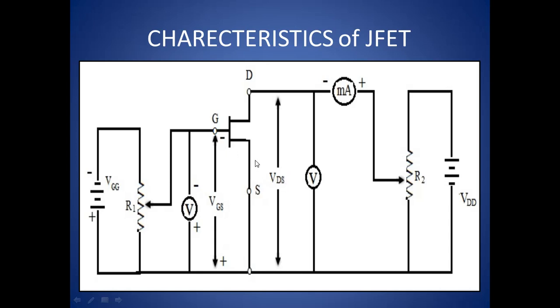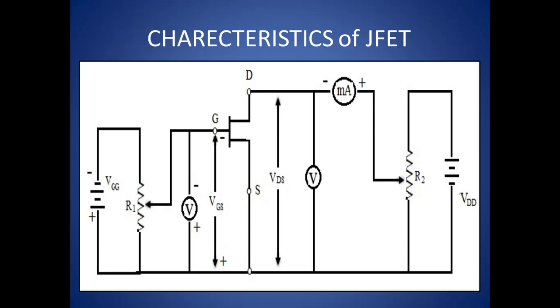This is the simple circuit used to find out the output characteristics of the JFET. Here we have the JFET. The gate is biased using the potentiometer R1 and drain is connected in series with another potentiometer R2. This is the common source mode.